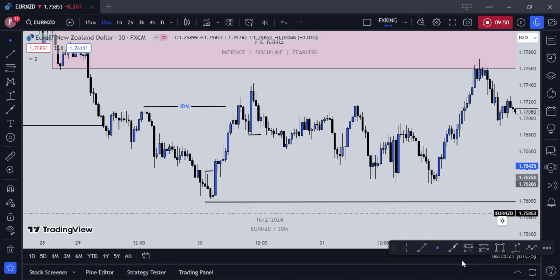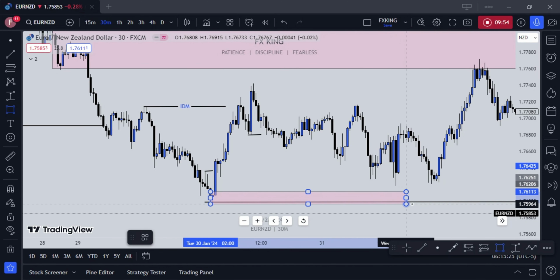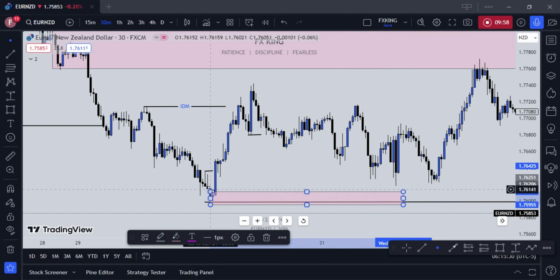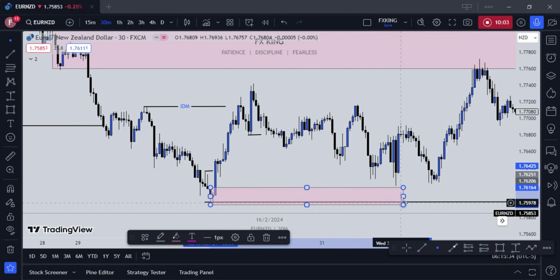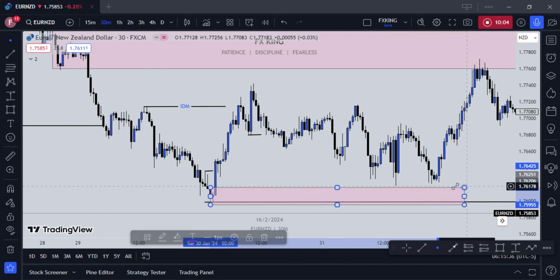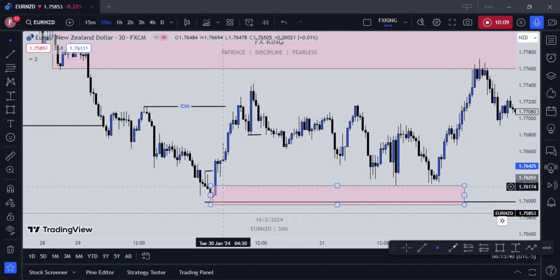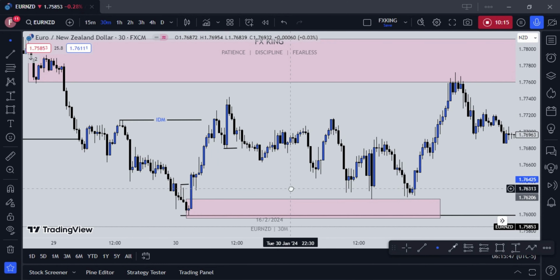Then below here we had our point of interest. Then you can see that price tapped into this imbalance before this point of interest. This imbalance for this point of interest was filled 50%.